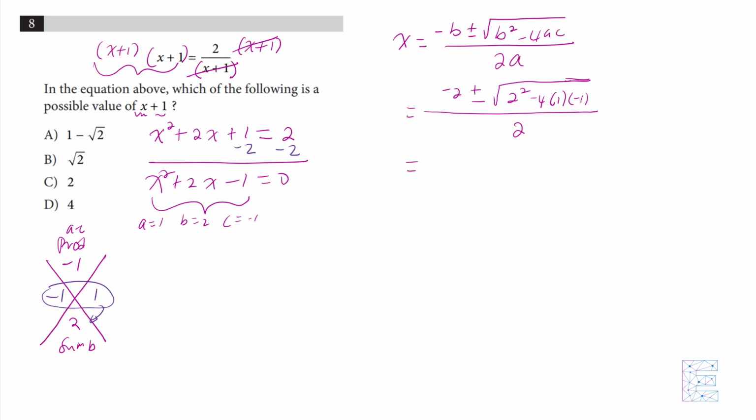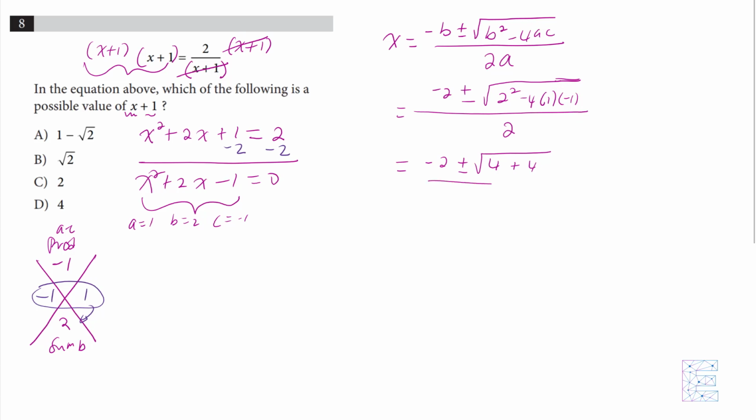And we'll just work this out using arithmetic. Negative 2 plus or minus square root of 4 plus 4. When you multiply this part here, it gives you a positive 4. And then all of this is still being divided by 2. So we'll keep simplifying this, and we end up with negative 2 plus or minus the square root of 8 all over 2. Remember, we are able to simplify radicals.